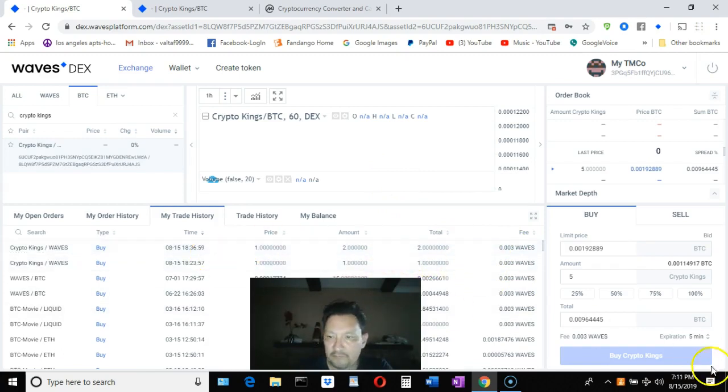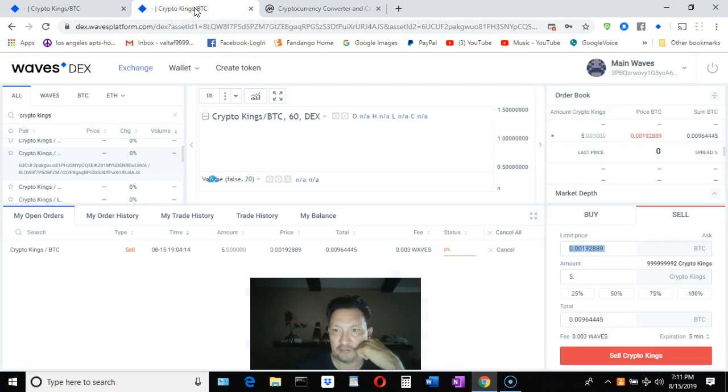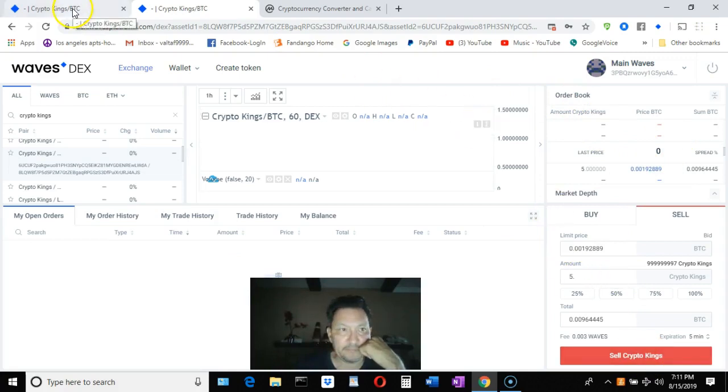Okay, it's still in this 5-minute expiration time frame, but it should move quicker than 5 minutes. Let me see this other transaction here. Okay, so it was in the red, it bought. And that's if it's ready to go again if I want to set up another 5 tokens.